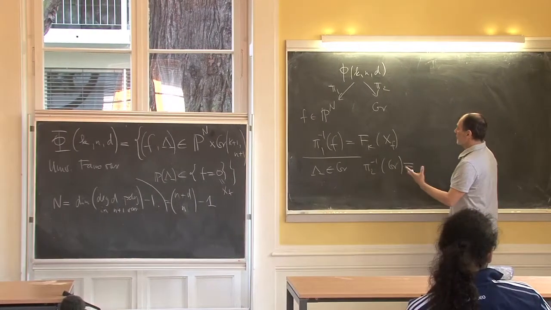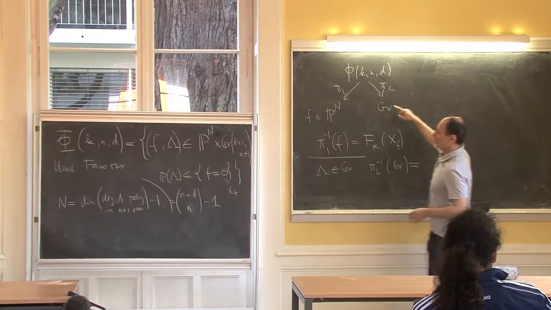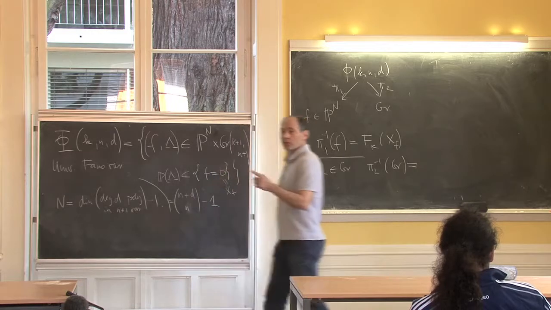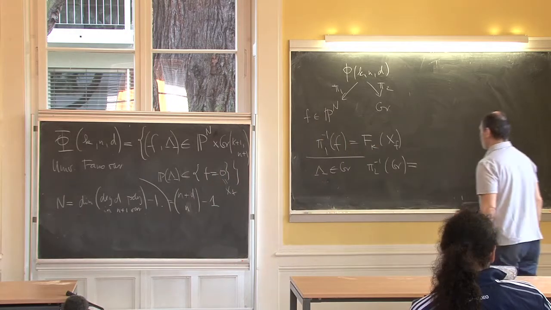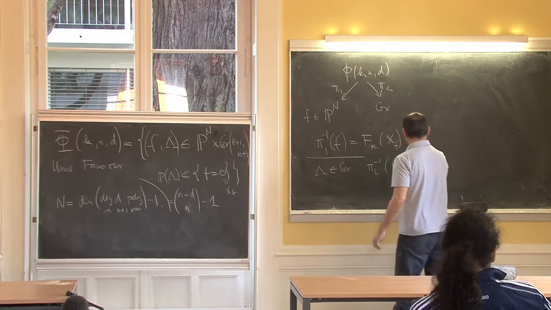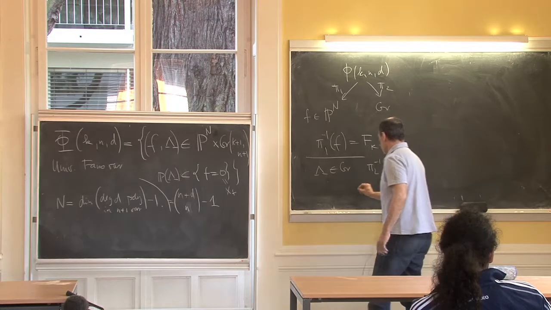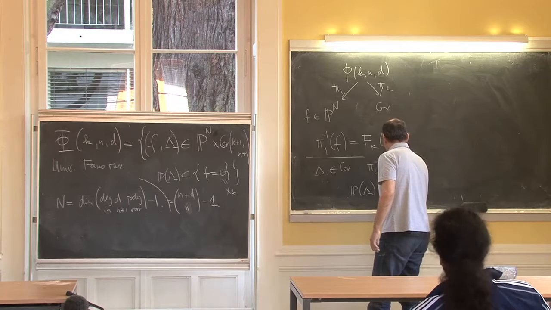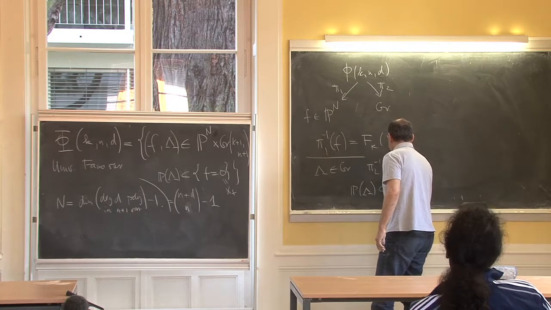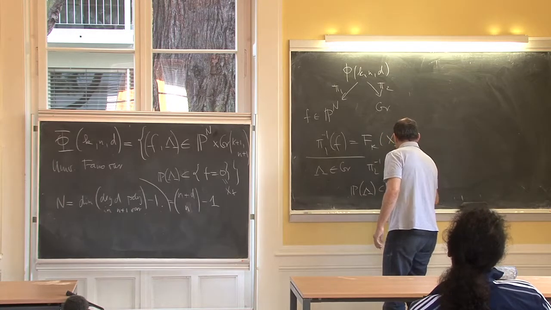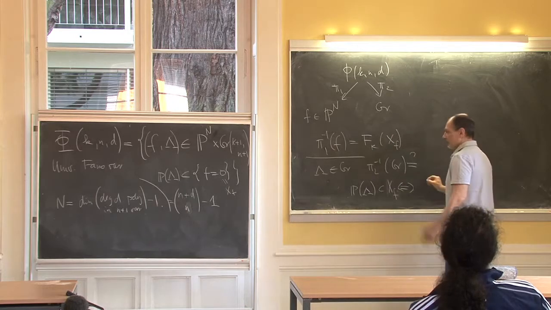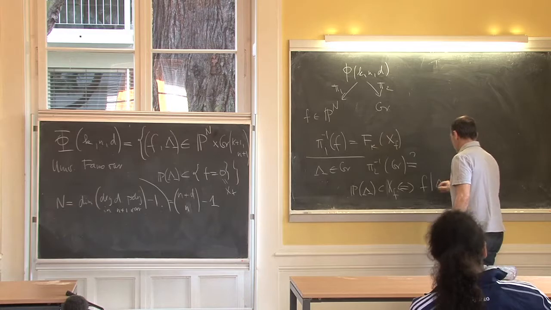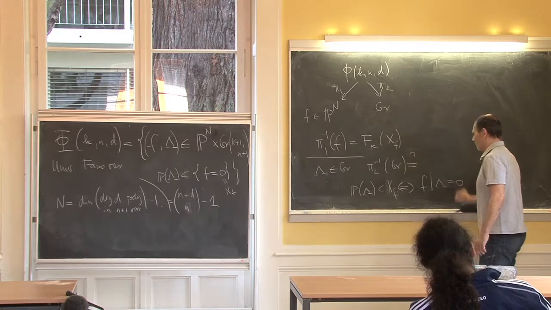What does it mean that p lambda is in x_f? This is the same thing as saying that f is 0 on lambda. So f restricted to that linear subspace lambda is 0.